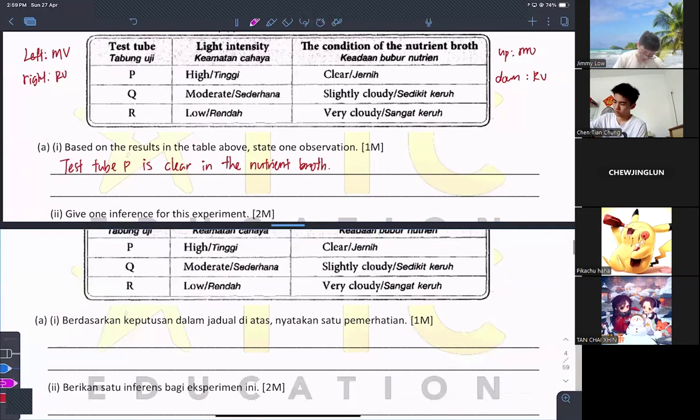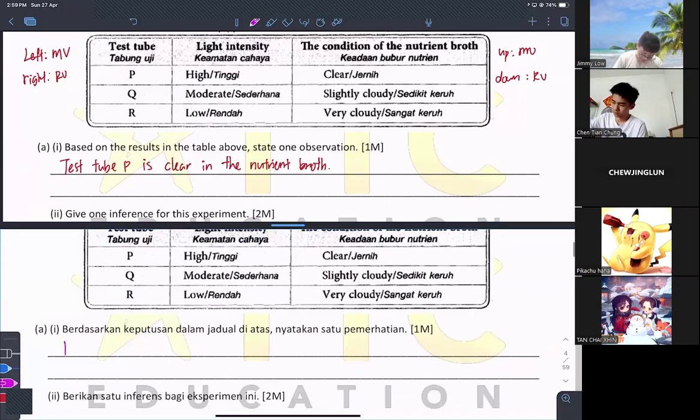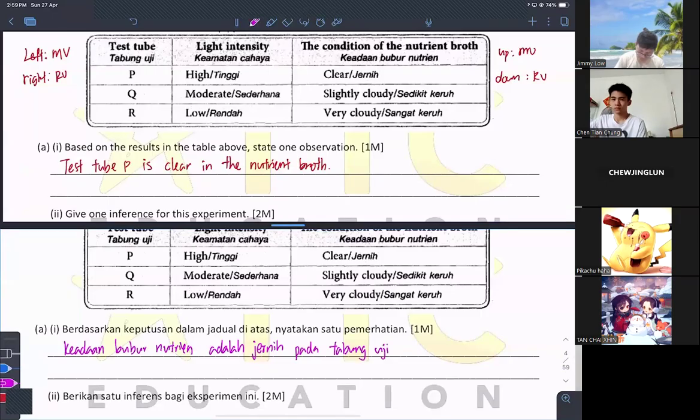Okay, so in English, like, keadaan bubur nutrient adalah jernih pada tabung uji P. Okay, just write what you see from the question.